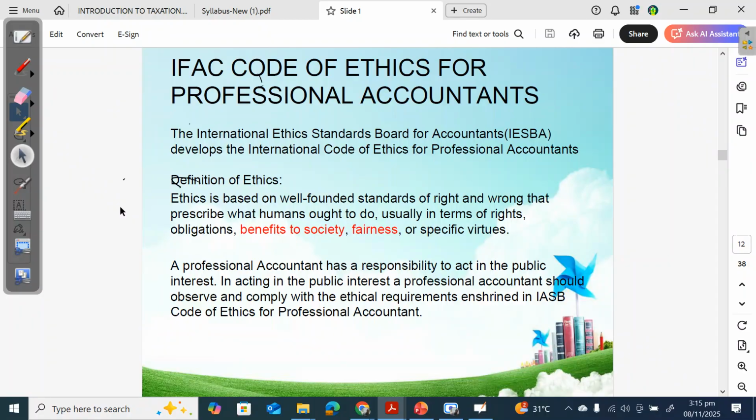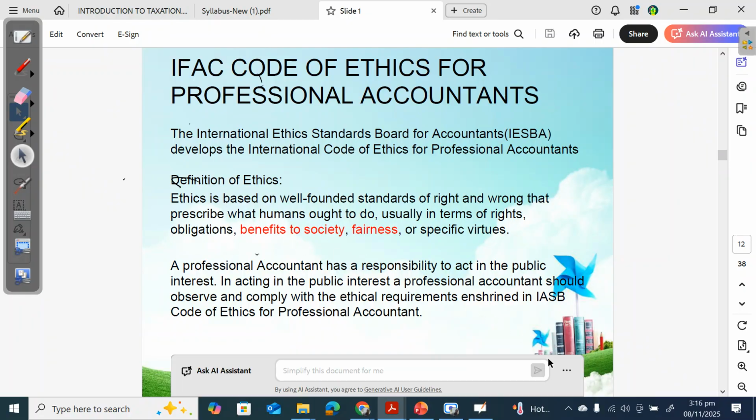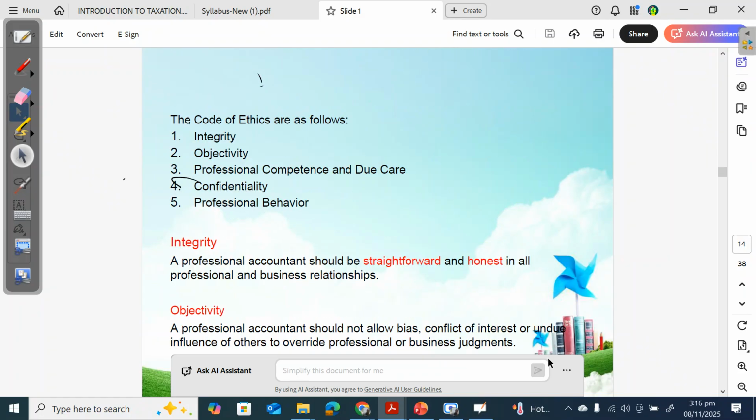So we must also behave ethically. A professional accountant is supposed to act in the interest of the public, or in the interest of your organization. So you have to abide by the ethical code of conduct prescribed by the IFAC.